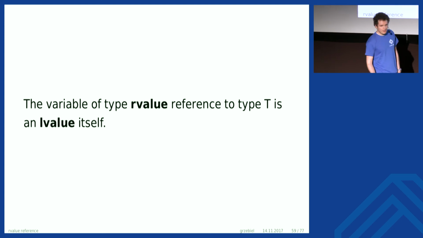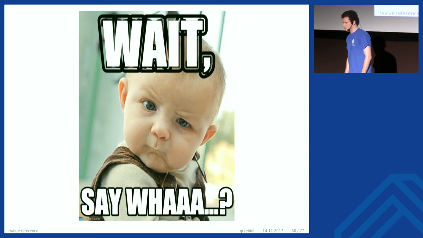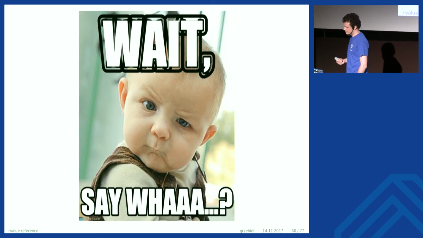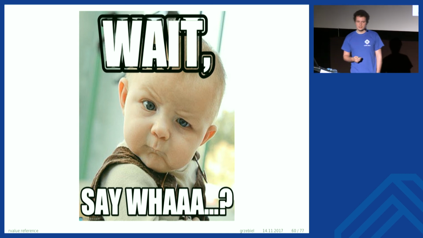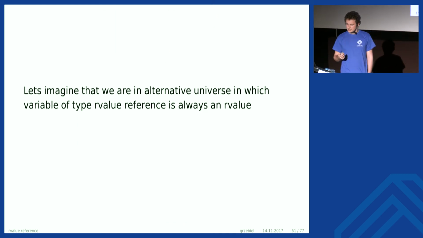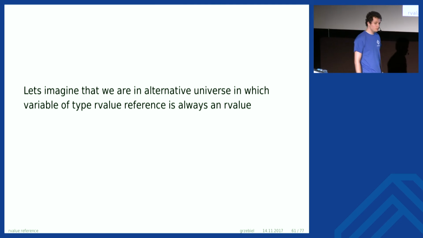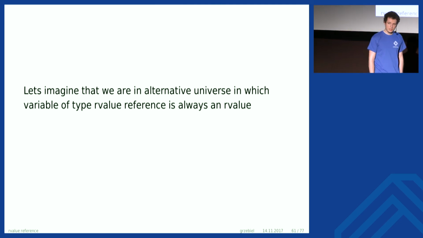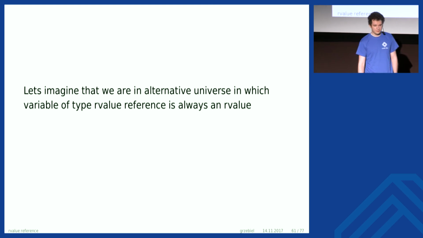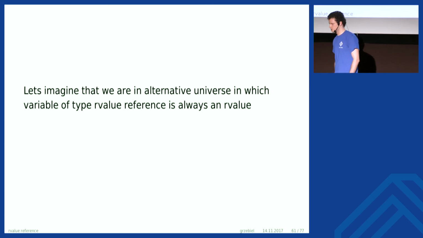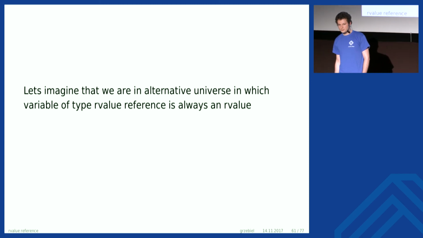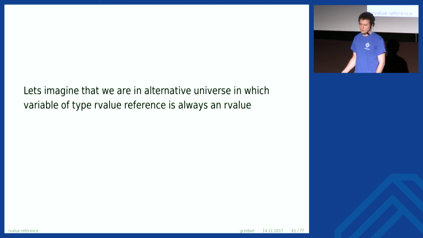There are, again, a lot of great explanations all across the internet, but when we say an R-value is an L-value, we can expect that we are not understood correctly. So let's again imagine we are entering a special place where code may behave according to intuition. Where we create a variable of type R-value reference, the proper overload will always be called.